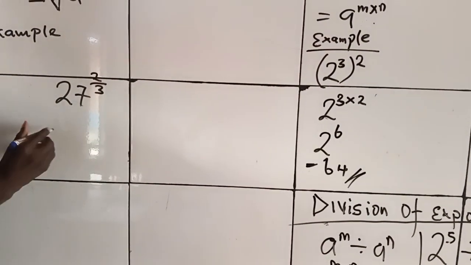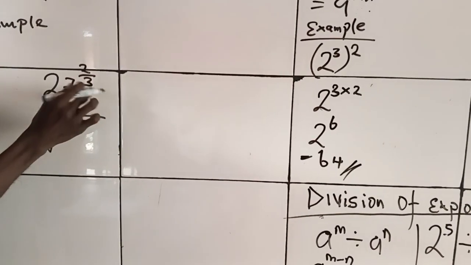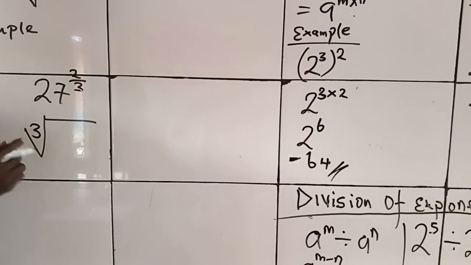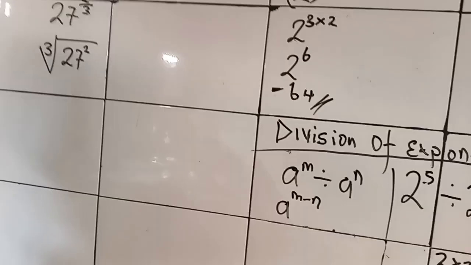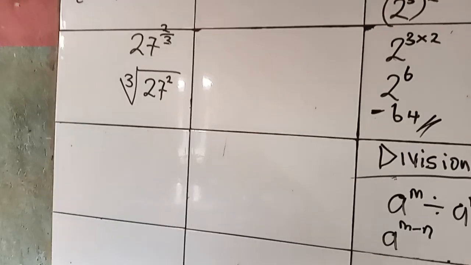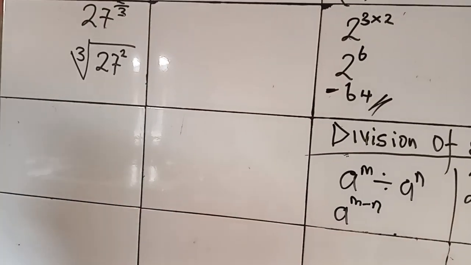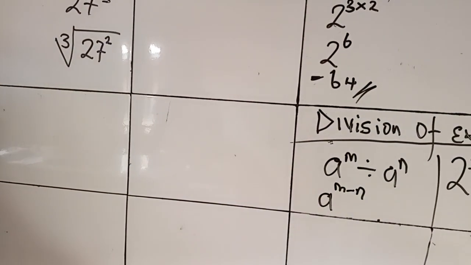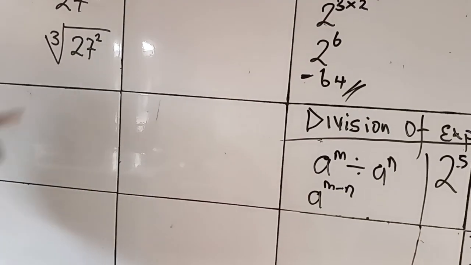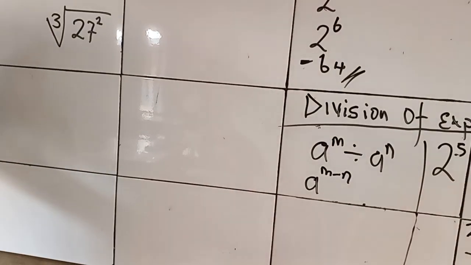So you take the cube root of it, because the 3 will come here. Then the 27 will be raised to the power of 2. 27 squared, then you take the cube root of it.